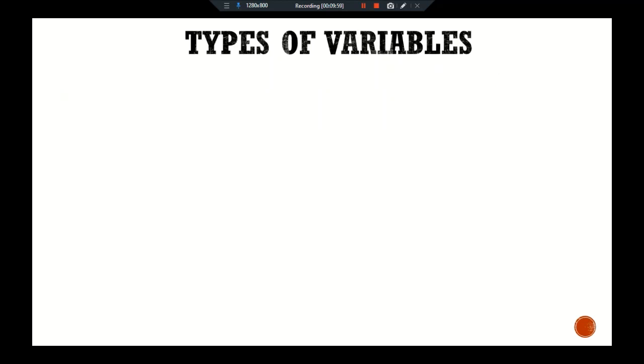Okay, let's discuss the types of variables. A variable, as we have discussed, is a characteristic under investigation that assumes different values for different elements.